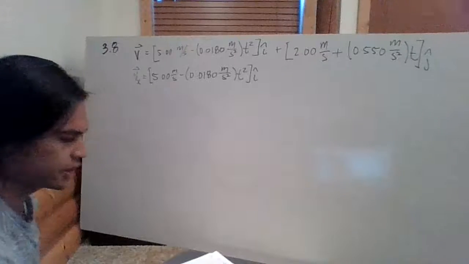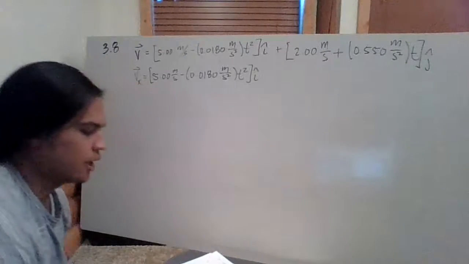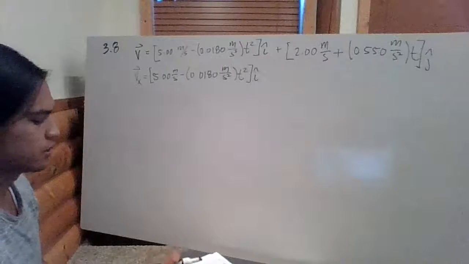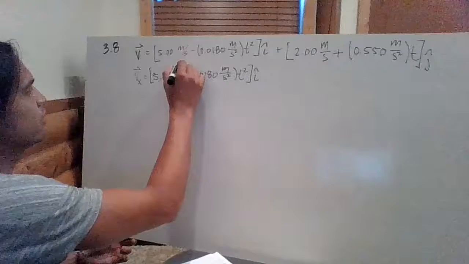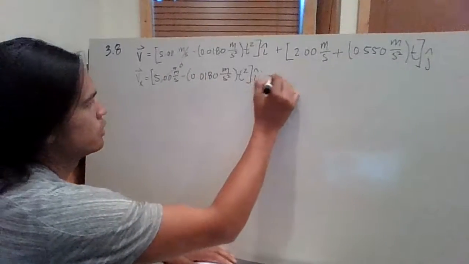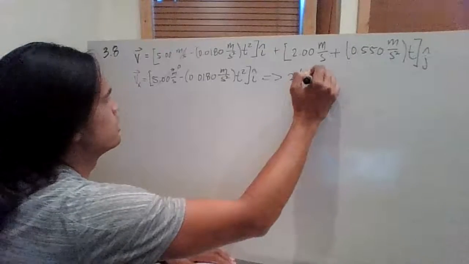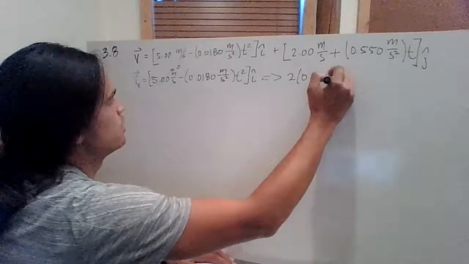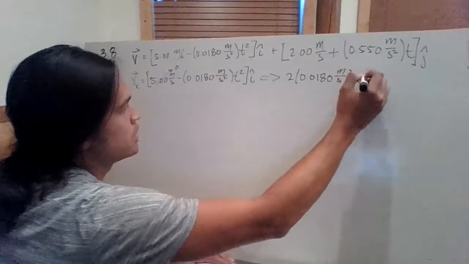And then if we want to get the acceleration from the velocity, we just take the derivative. So if we take the derivative of this, 5 goes to 0, so we're left with 2 times 0.0180 times t.